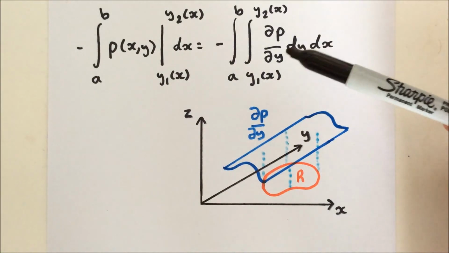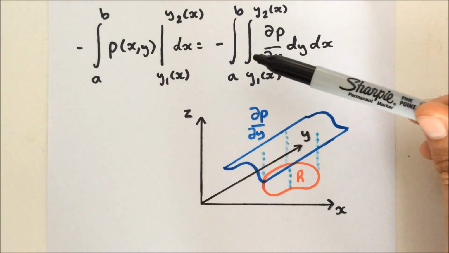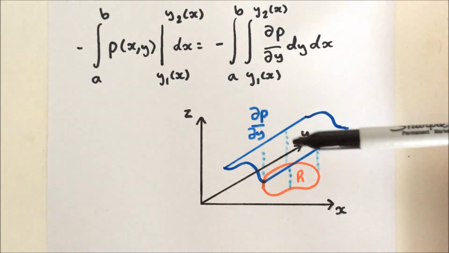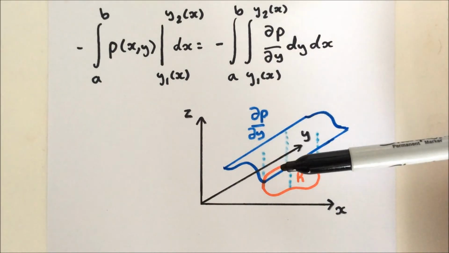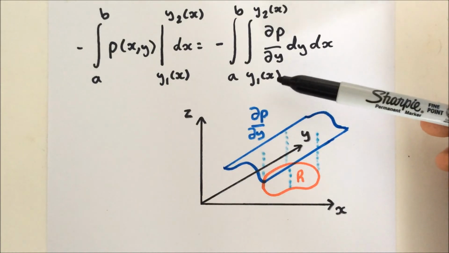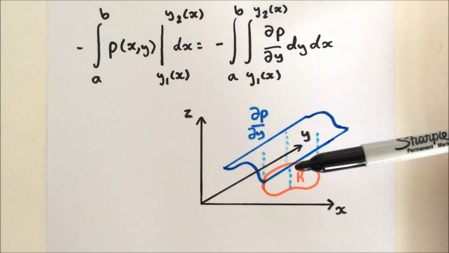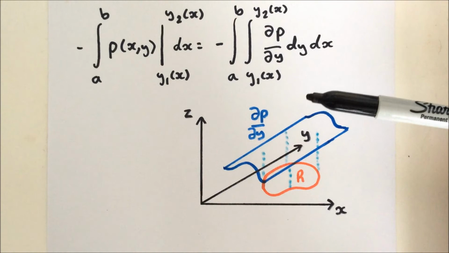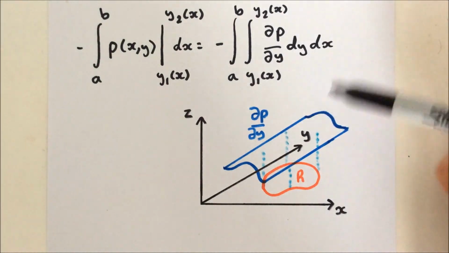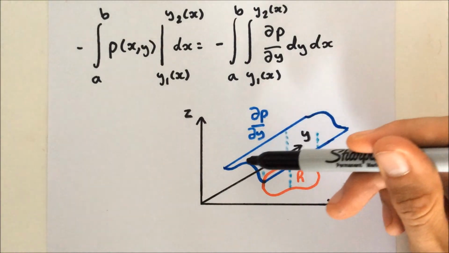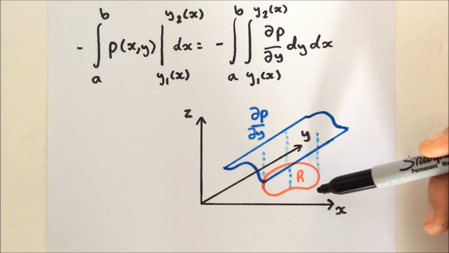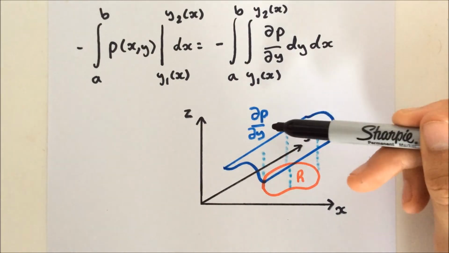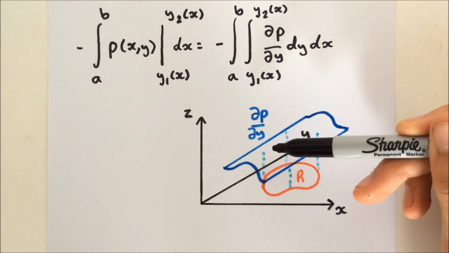So we're pretty much taking a double integral under this surface, dp by dy, around the region defined by y1 and y2. We're basically taking the volume, okay? And dp by dy just happens to be our surface. And of course, the height from the xy plane to our surface is dp by dy.